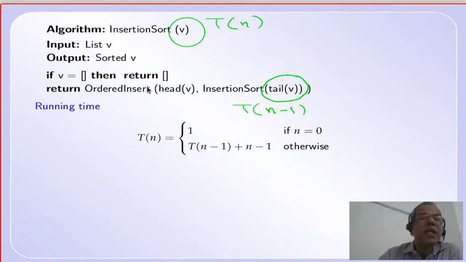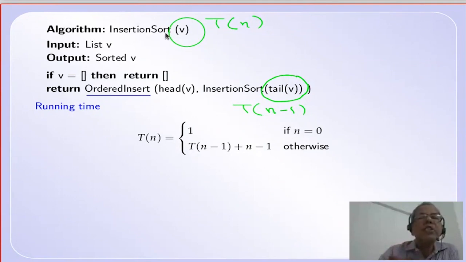The basic operation done here is ordered insert. There may be a comparison operation; head and tail are operations too, but those are very trivial operations done in constant time. Ordered insert is the costliest operation.